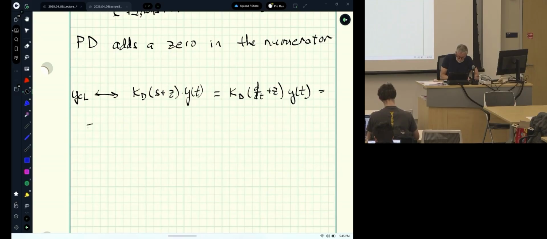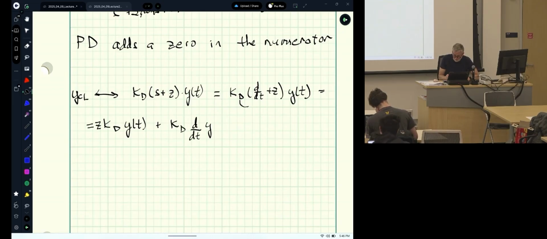Okay, so if the gain wasn't omega n squared, my output is not going to be exactly 1. That's coming from that KD. Okay, so that's, and then it's scaled by Z. But then the worst thing is we end up with KD d by dt of y of t.